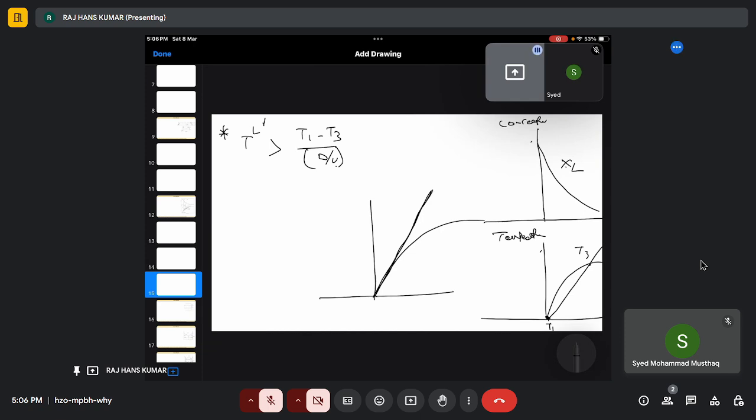To have a planar interface, if we maintain a sharp thermal gradient inside the liquid, then we can avoid dendrite formation. So the TL dash must be less than (T1 minus T3) upon d by b. Then you will have a planar interface.